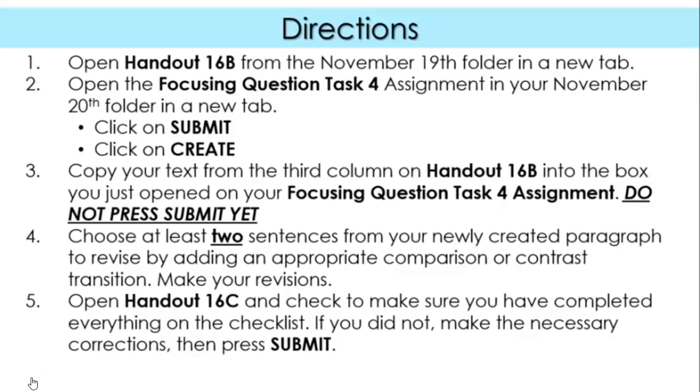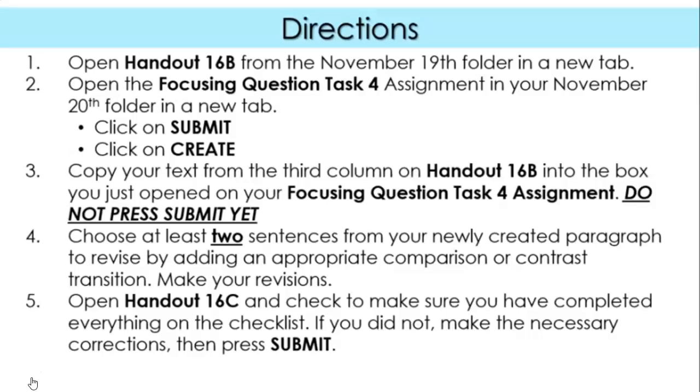Once you put it in there, you have another job to do. You're going to choose at least 2 sentences from your newly created paragraph to revise by adding an appropriate comparison or contrast transition.